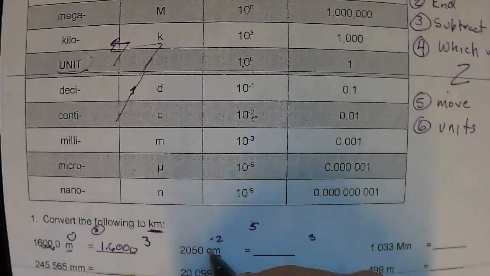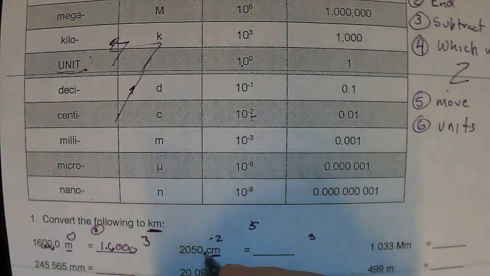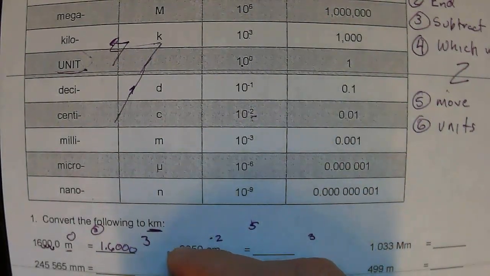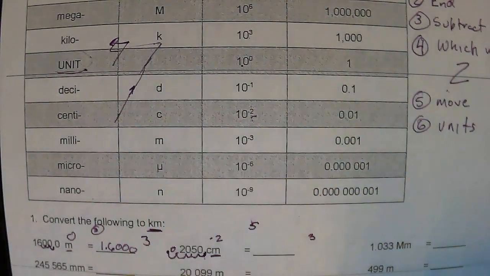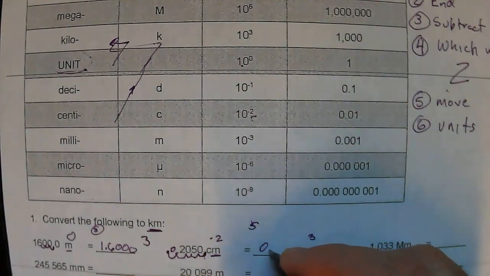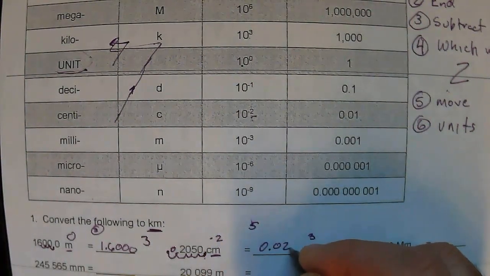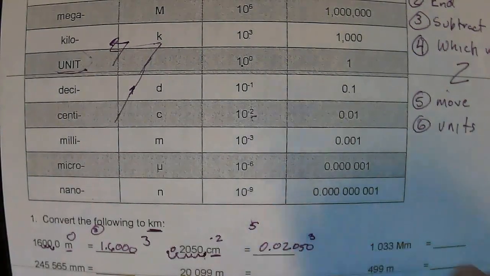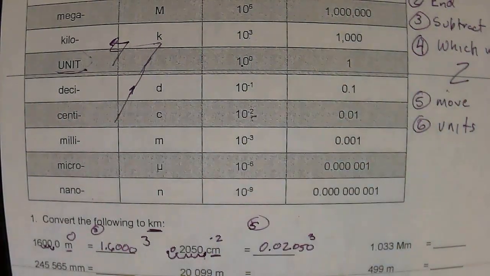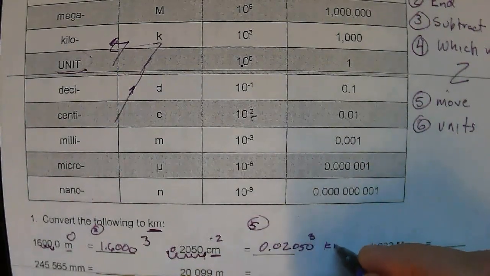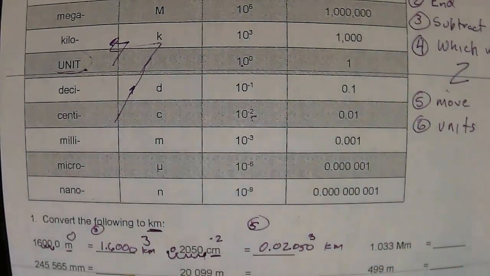With a problem like this, we know where the decimal is because we've taken math, but we don't see the decimal. So we have to move the decimal over 5 spots from here. We go 1, 2, 3, 4, and then we have one more. We have to create a 0 there. So that's going to be 0.02050. That's moving the decimal 5 spots. And then we add the unit, kilometers. I forgot that, but unit kilometers.